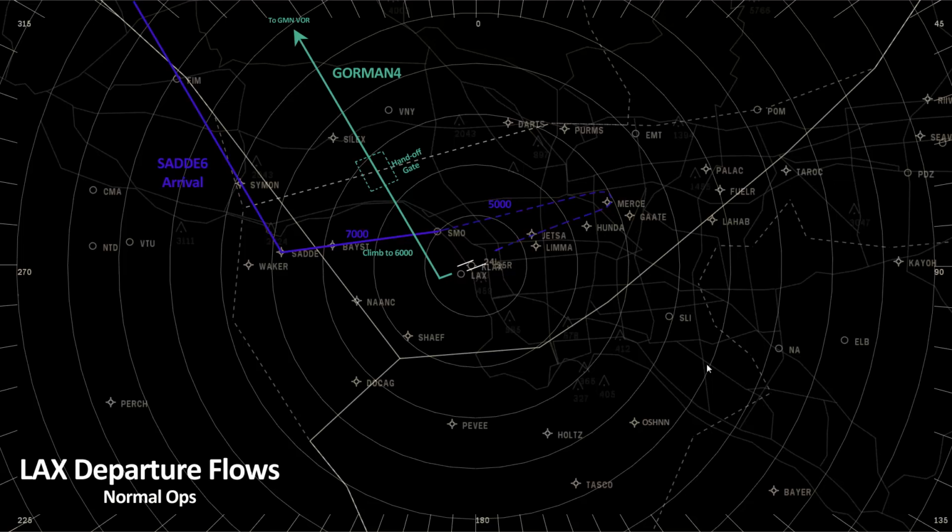We climb planes to 6,000 feet if they're going to cross the arrival stream from Sadie, and then hand them off to the center controller at the northern lateral boundary of our sector. And that's the basic strategy for all the departures management in the game. As I said, it is much simpler than doing arrival management, at least for the LAX Tracon.